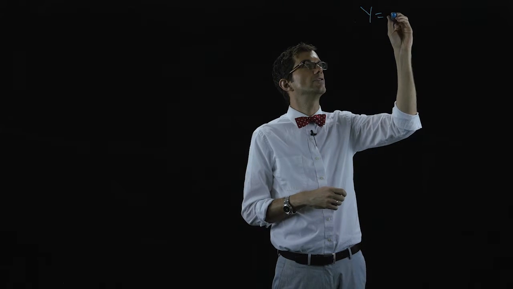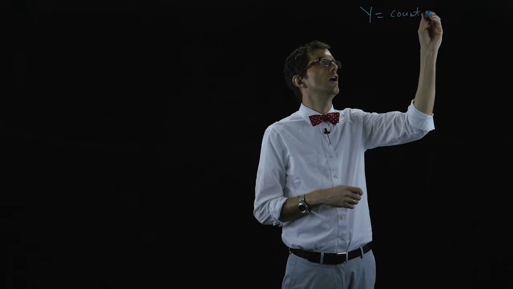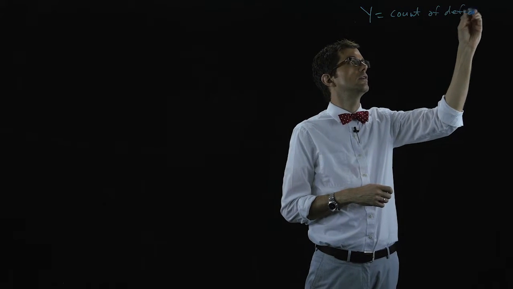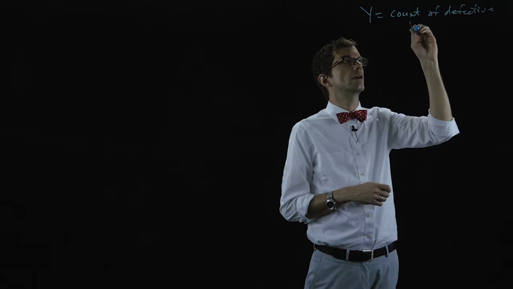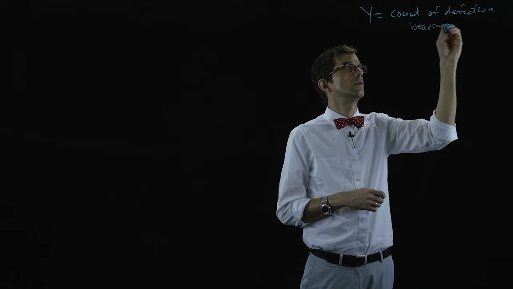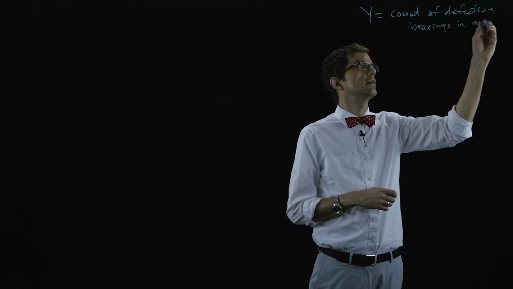So first let's think about what the probability function is for a Poisson distribution. Let's say we have random variable y that measures the count of defective bearings in a week.